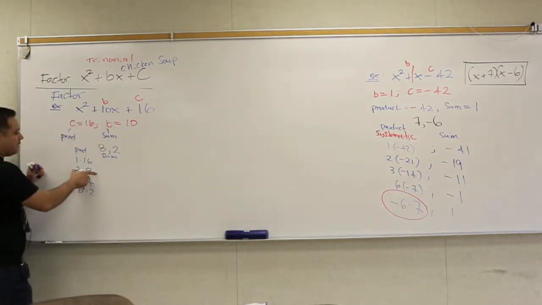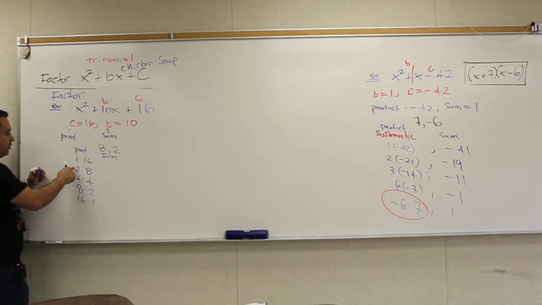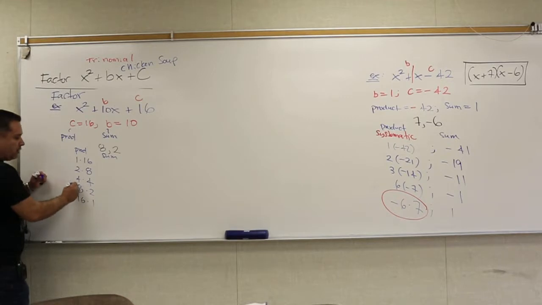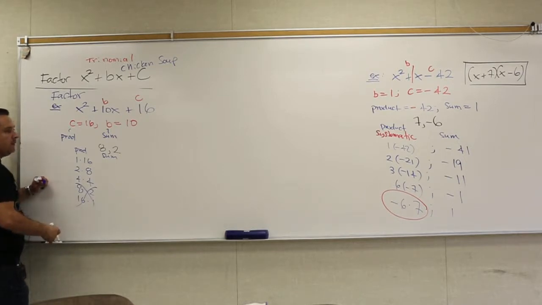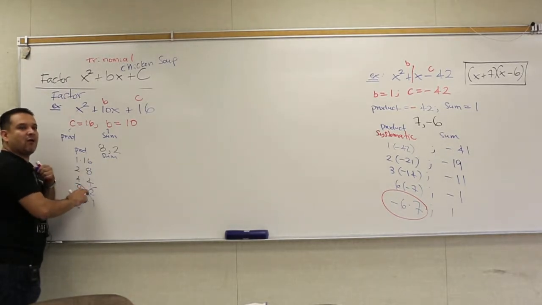So maybe I'll go back to 16 times 1. So I started 1, 2, 4, 8, 16. I'm going down that list. Now, this is duplicated. This portion is unnecessary. But don't forget, isn't it true that if you multiply two negative numbers together, that's also positive?